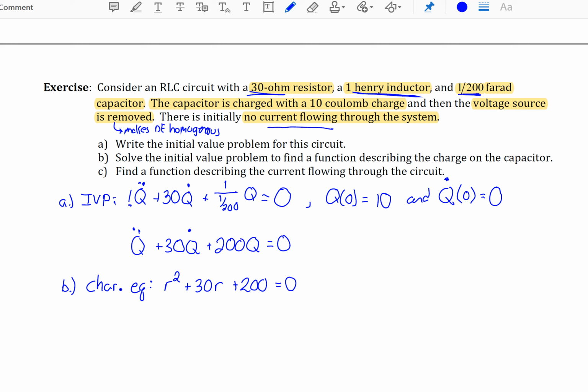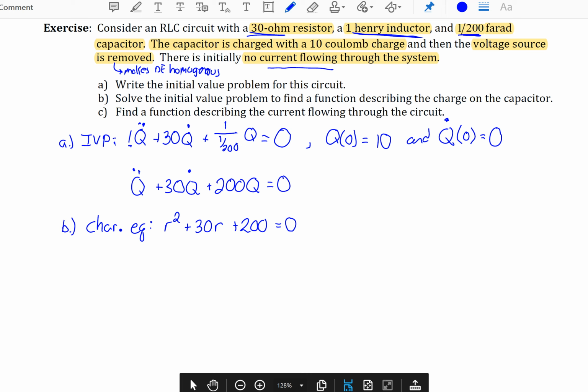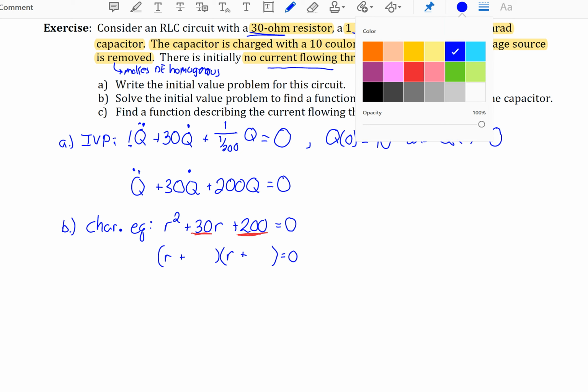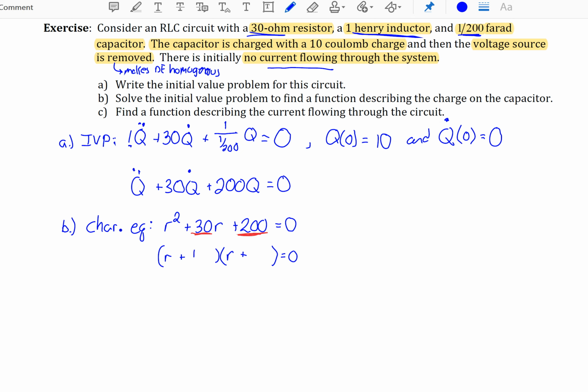And again, these don't have to be factorable, but in our textbook, our author has made all of these factorable. And so we factor it as r plus something times r plus something equals 0, where again you're looking for two values that multiply to 200 and add to 30, which I think is going to be 10 and 20.